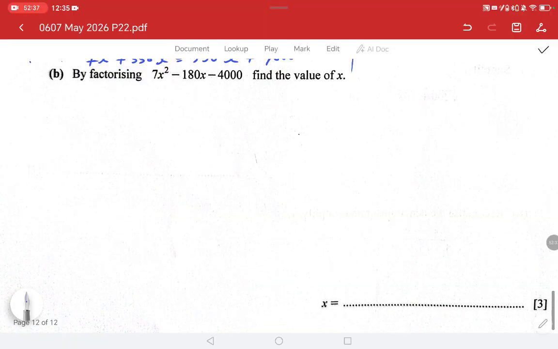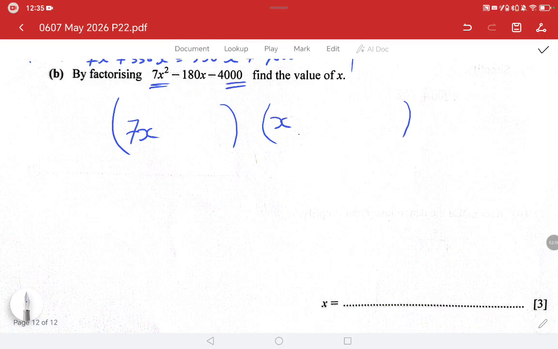Now factorization. How can we factorize? Which two numbers to multiply? So we make 7x squared into 7x times x. And then how about the 4,000? This was the problem in factorization. 4,000 is just 100 times 40.